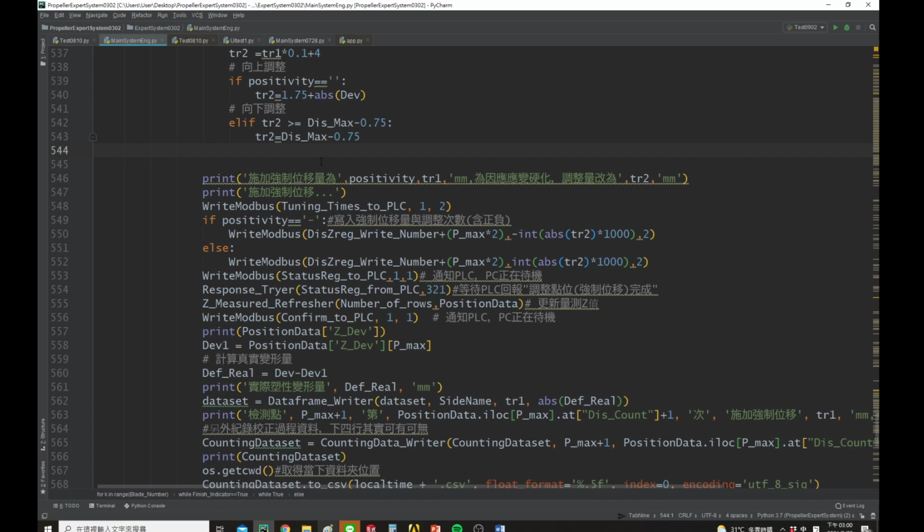If the difference is not much, it's okay because the mechanism won't hit the blade, right? But if the propeller looks like this, and we still follow the ideal position of the propeller, it will hit the blade.